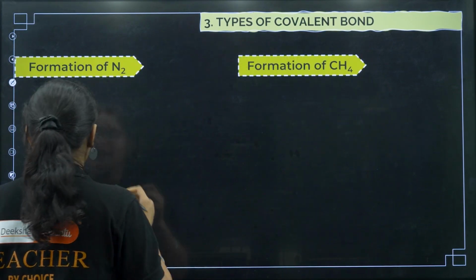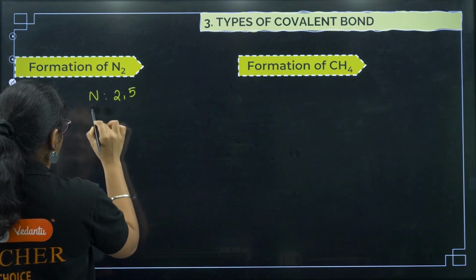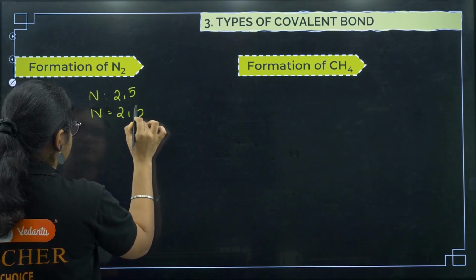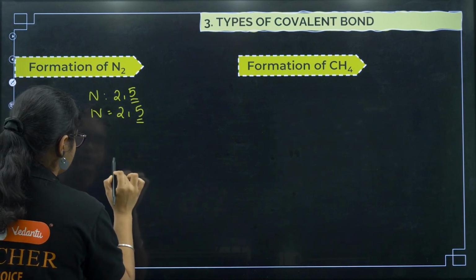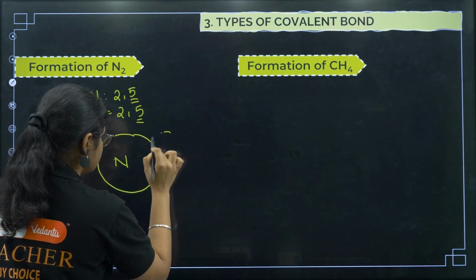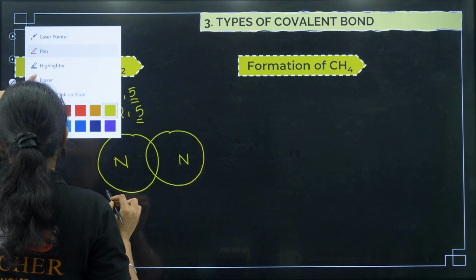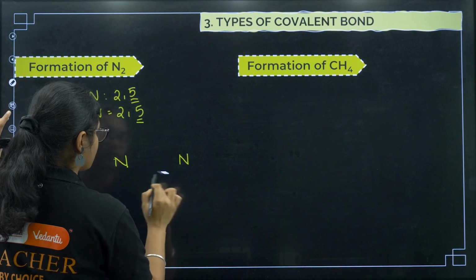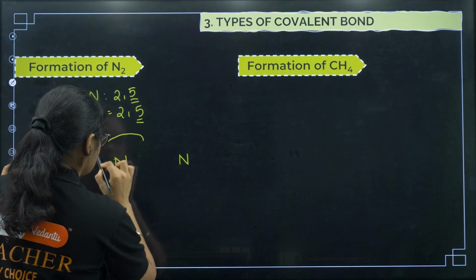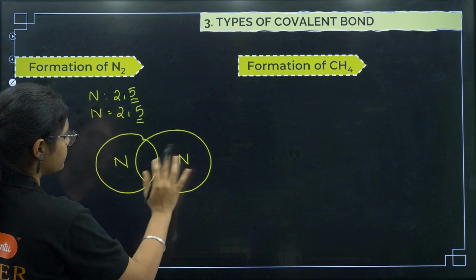Okay. Next, if you have nitrogen, nitrogen electronic configuration is 2 and 5. Another nitrogen is also 2 and 5. So in the valence shell we have 5 electrons. So we can draw nitrogen like this. One nitrogen is like this, another nitrogen is like this, and let me draw this part a little so that you can visualize it properly. Okay, this is 2 nitrogen.